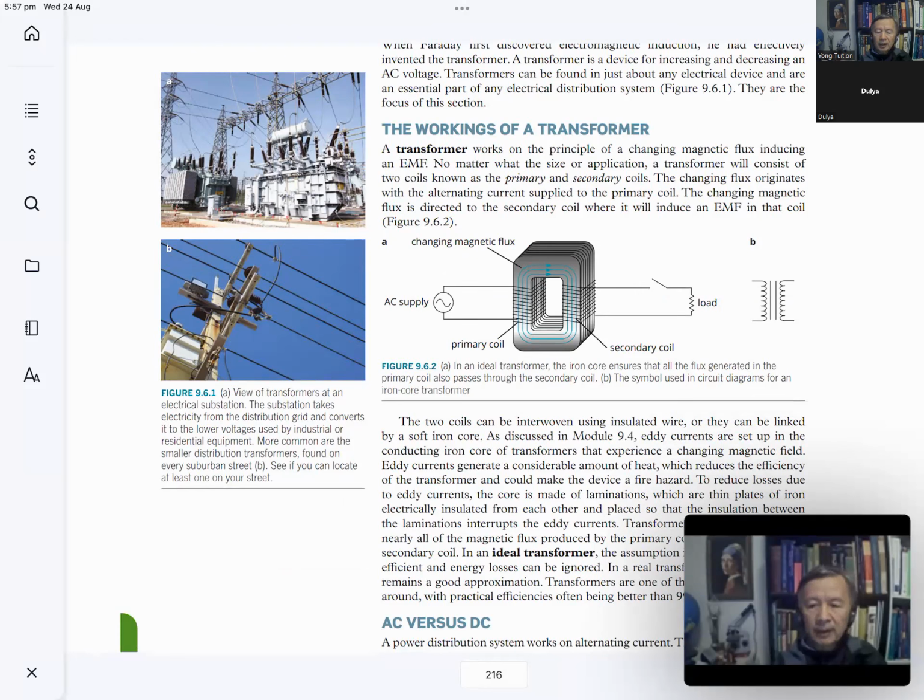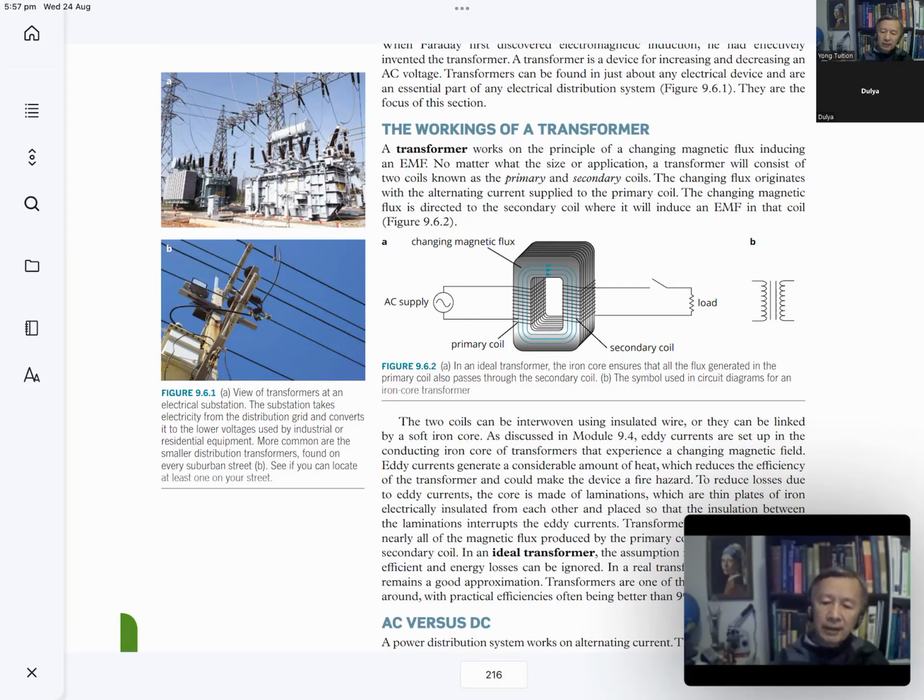Now, how can we do that? Well, we can build 2 coils with different numbers of turns. In that way, we should be able to achieve our objective. Do you know why?